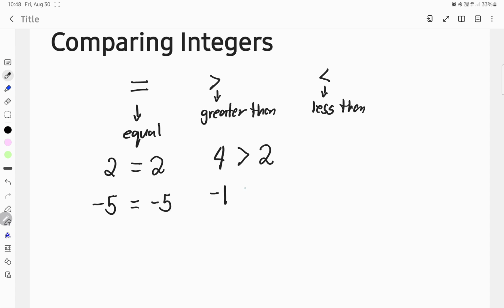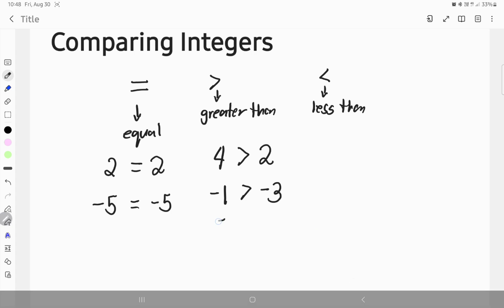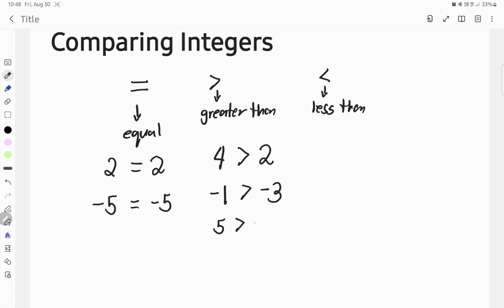For example, negative 1 is greater than negative 3. When you compare a positive and a negative number, a positive will always be greater than a negative number, like 5 is greater than negative 2. When we reverse the relationship, we can say that 2 is less than 4, negative 3 is less than negative 1, and negative 2 is less than 5. So that's how it works.